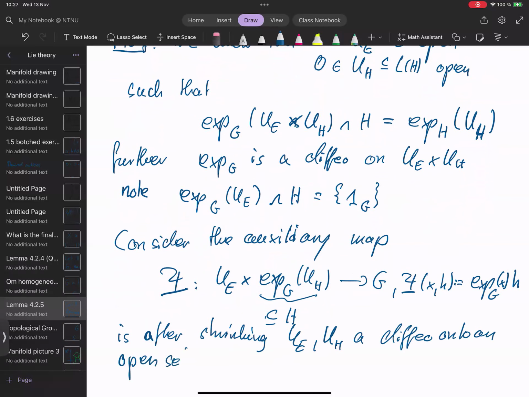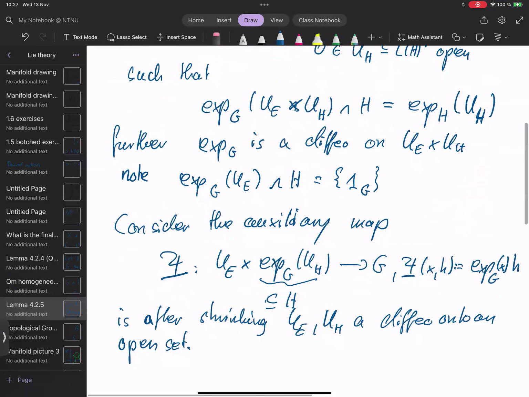The argument for this works like the proof for coordinates of the second kind.